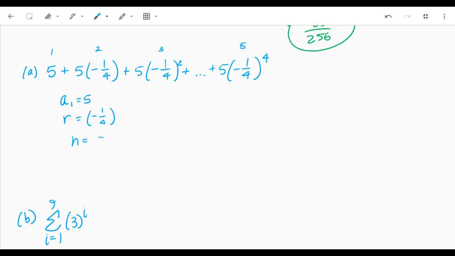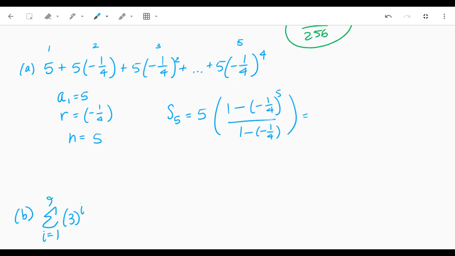So n is 5. Okay, so again, using our formula, we would have the sum is the first term, 1 minus the ratio to the nth over 1 minus the ratio. Okay.